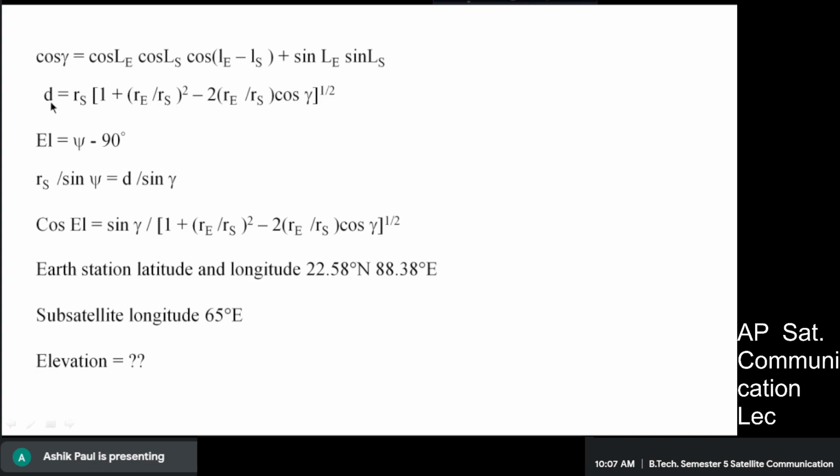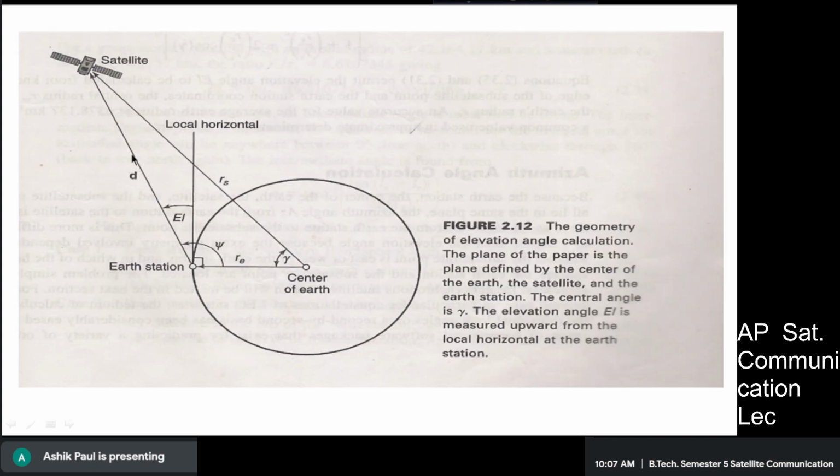Then this distance d can also be expressed in terms of this triangle, whose three sides are RE, D, and RS. This side D can be expressed as the square of one side RE square, plus the square of the other side RS square, minus the product of these two sides with the cosine of the included angle, that means the central angle.